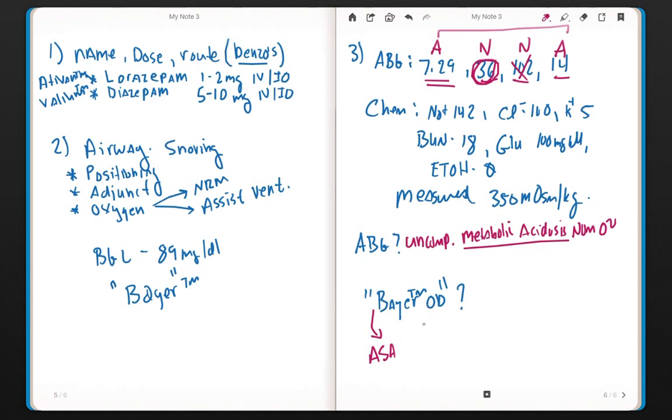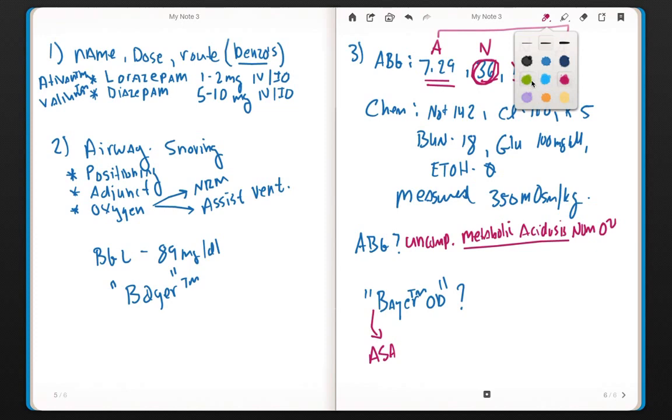Okay, and we know that aspirin causes metabolic acidosis, but aspirin often causes an increased respiratory rate, and so I would actually almost anticipate at least a partially compensated metabolic acidosis. So far, the information I have is somewhat conflicting. But is there something that we can do to kind of zoom in on the diagnosis?